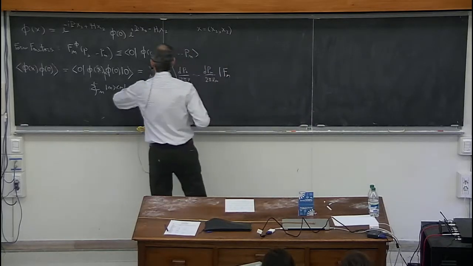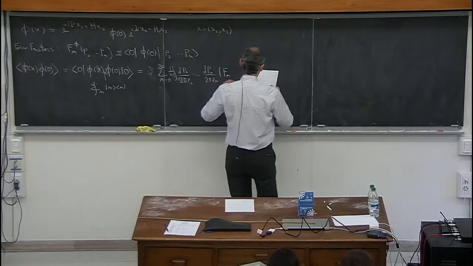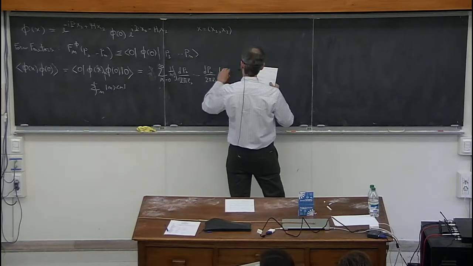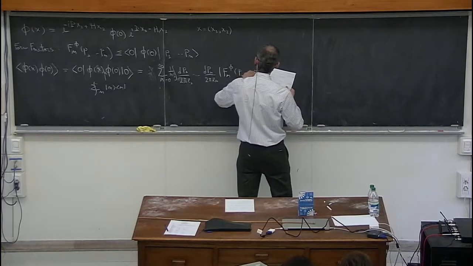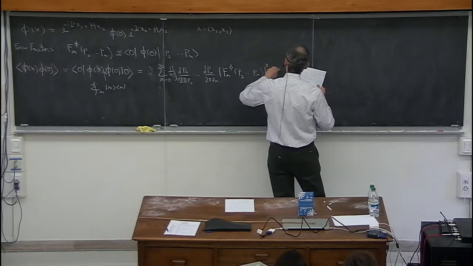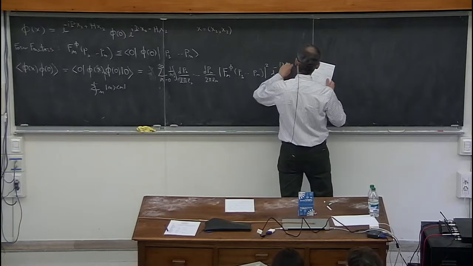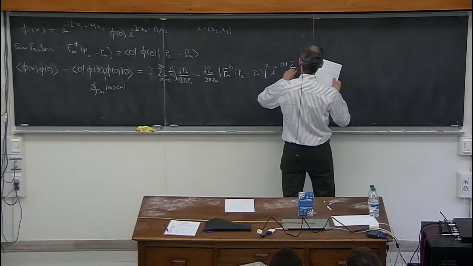Excuse me, of course. Phi P1 ... Pn, e to the minus the distance times the total energy.